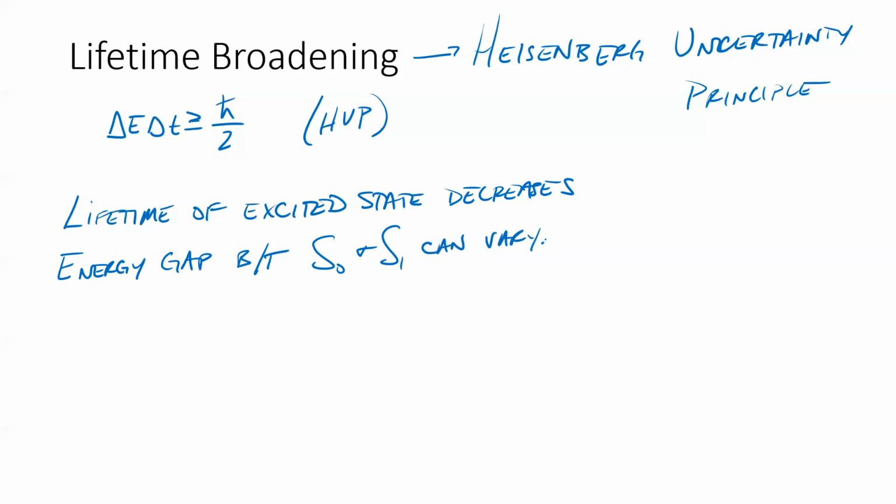This is where quantum mechanics is kind of weird. The faster that transition occurs, the more the uncertainty in that energy difference, right? And so for transitions that occur very quickly, that uncertainty is very large.